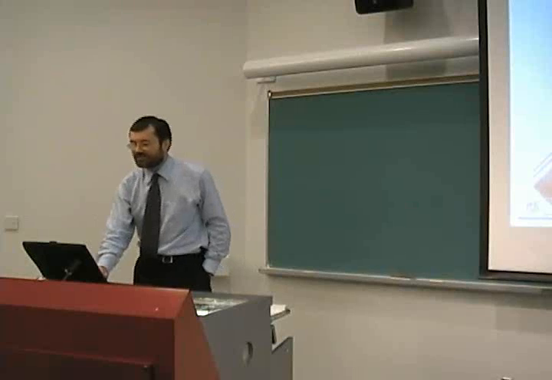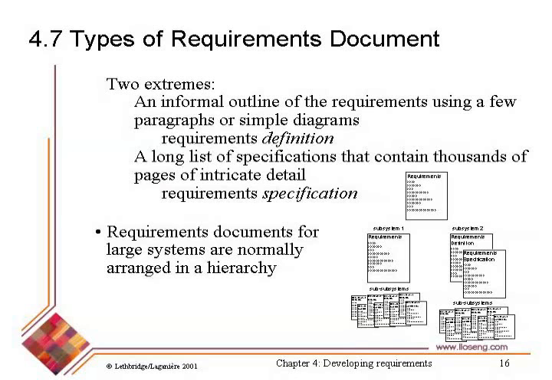Secondly, not only do we have different levels of detail, but we have different subsystems and sub-subsystems. So the diagram on page 16 is showing that we might have a requirements document for the system as a whole that is in broad strokes saying what's needed. Main functions that are needed by the system. Then we divide the system up into subsystems. And so let's say we have one subsystem that is the student browsing subsystem for our registration.